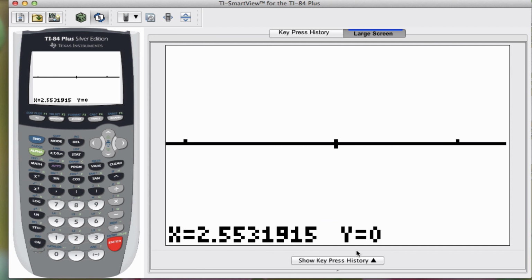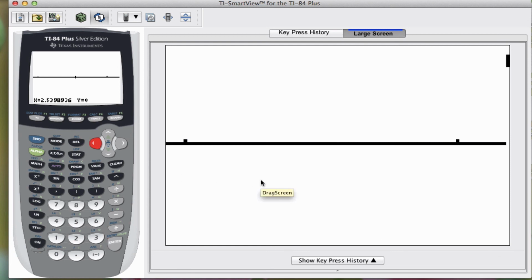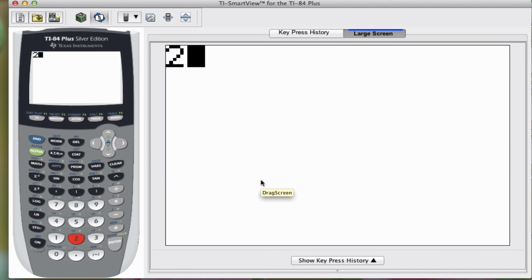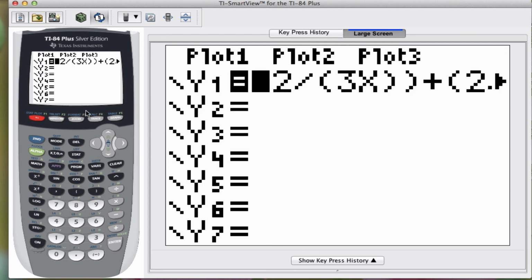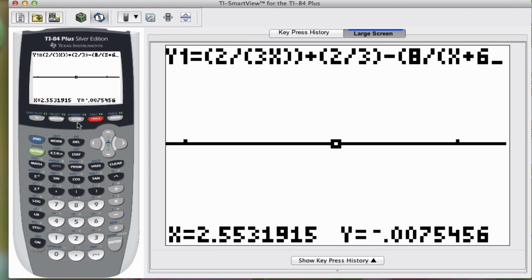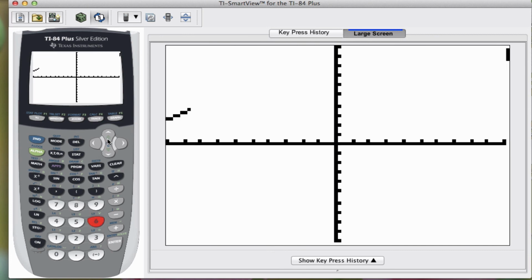And as it's thinking, okay, let's actually look at this. I know 2, and I typed, oh, that is not what I wanted to do. There we go. When I go to trace, let's go to zoom 6 again and kind of look at this.